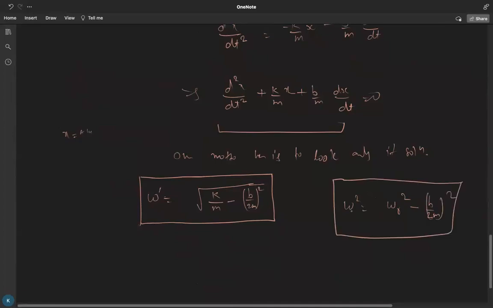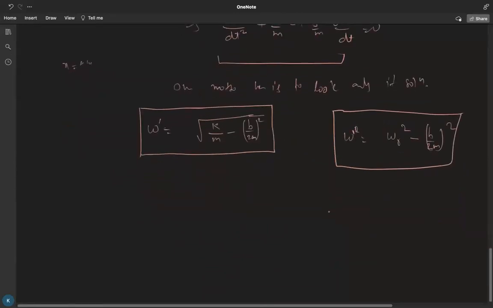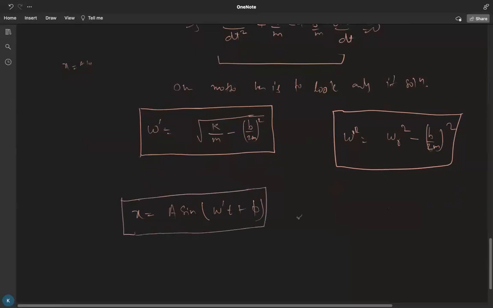This is our damped frequency, omega dash, or omega 1, whatever you want to write. So here we can write x is equal to a sine omega dash t plus phi. This is our equation of motion.